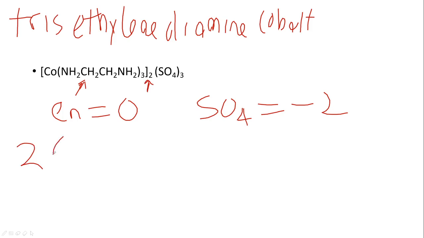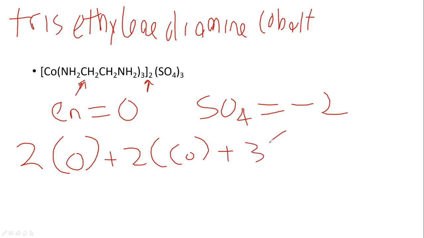So we have 2 in brackets 0, that of En, plus 2 of cobalt, plus 3 of sulfate, is equal to 0. Now if we do our math, we find out that this ends up going out.